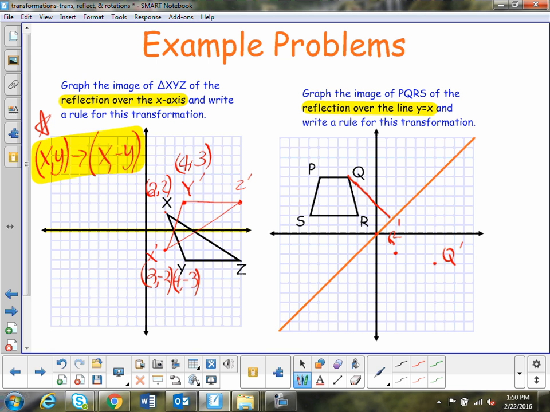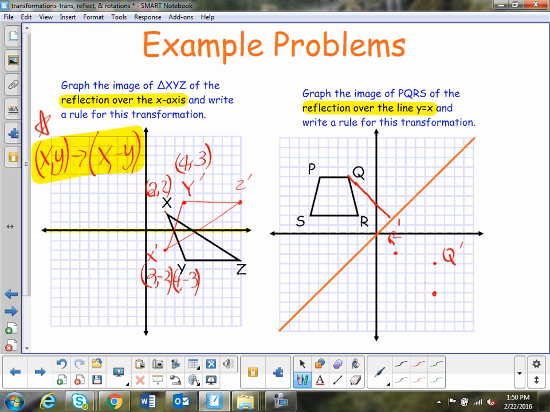How many diagonal units is P? 6. 1, 2, 3, 4, 5, 6. So now let's count 6 diagonal units in the opposite direction. 1, 2, 3, 4, 5, 6.